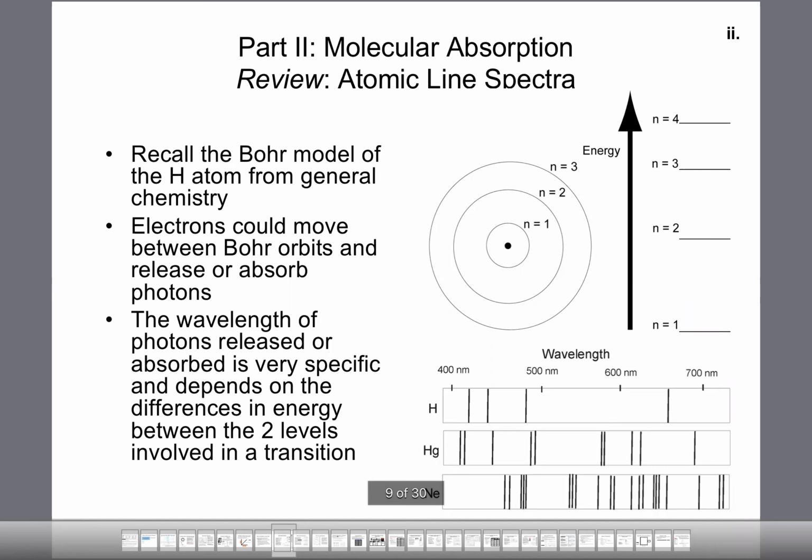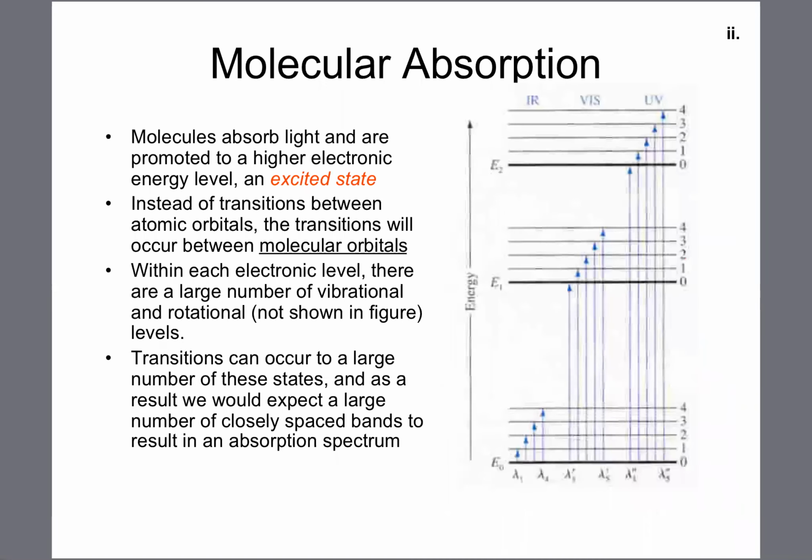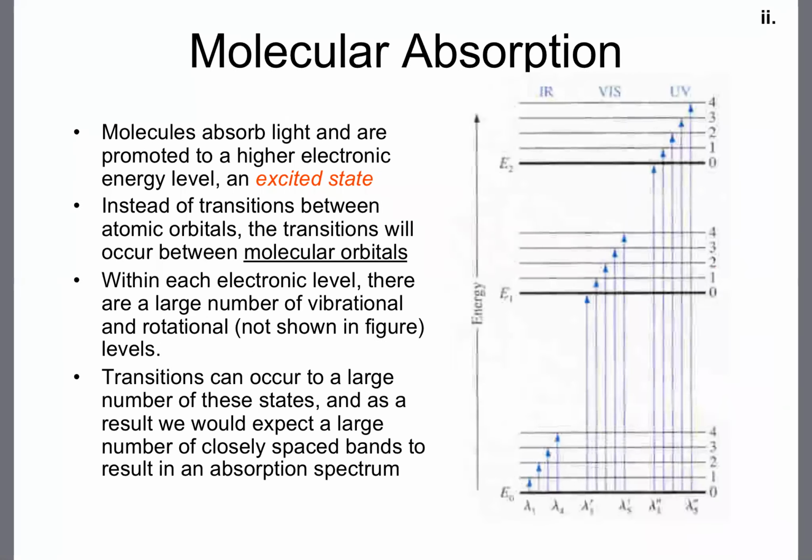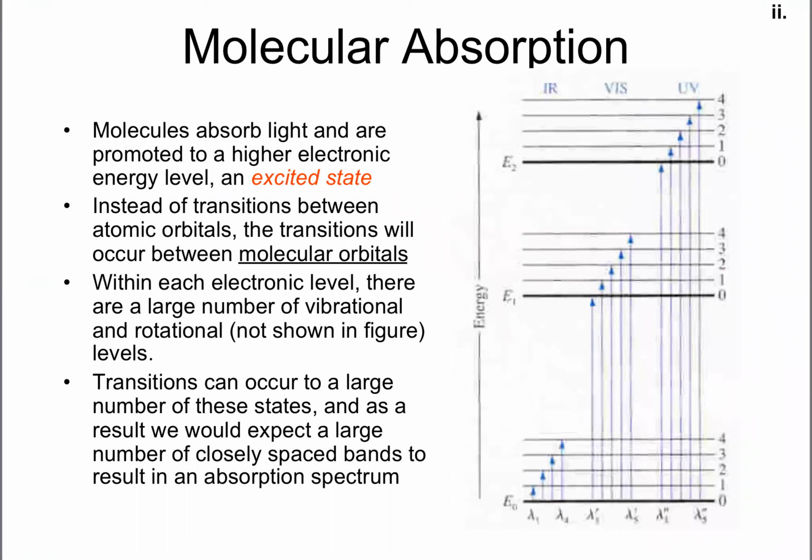And this is a kind of useful discussion to have because, as it turns out, there are some differences in molecules, but there are also some similarities. So let's talk about molecular absorption now. Well, at the tail end of General Chemistry 1, you started to talk about molecular orbitals or molecular orbital theory. And you learned about molecular orbitals for very simple molecules like H2 or HCl, things like that, okay?